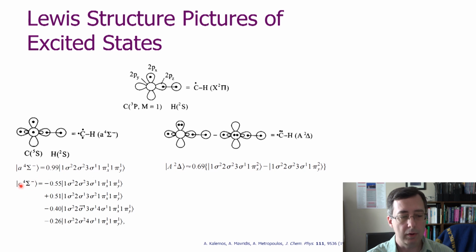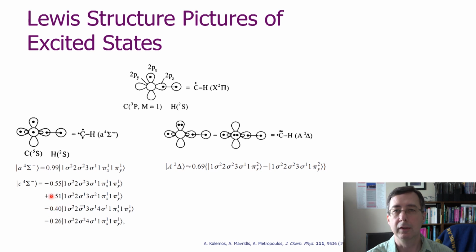Now the next quartet, this C quartet sigma minus state, is unfortunately a mess. It's a combination of several Slater determinants. The first two have coefficients of about 0.5. Then there's another one with about 0.4.